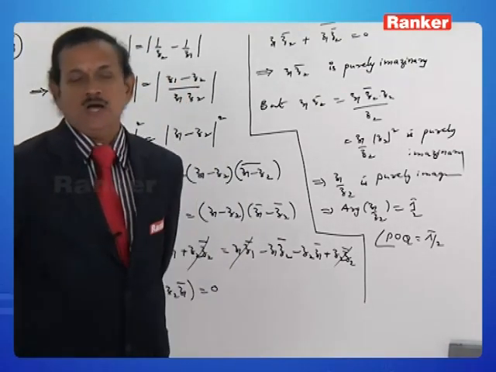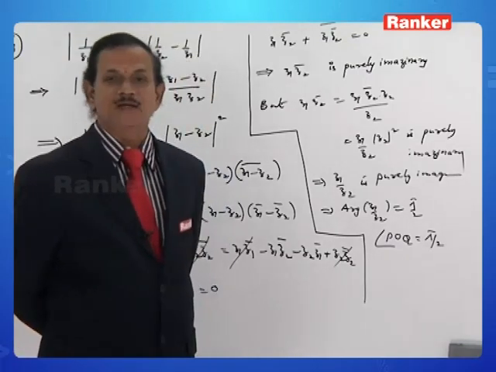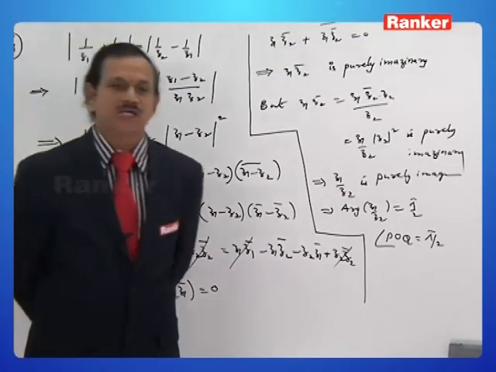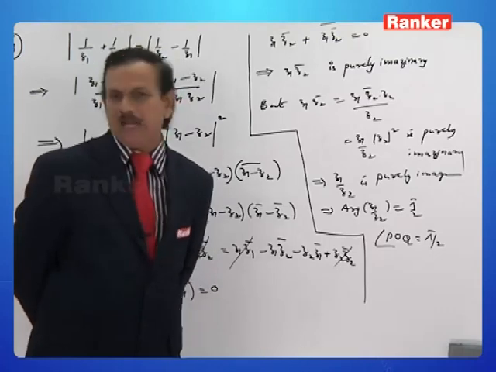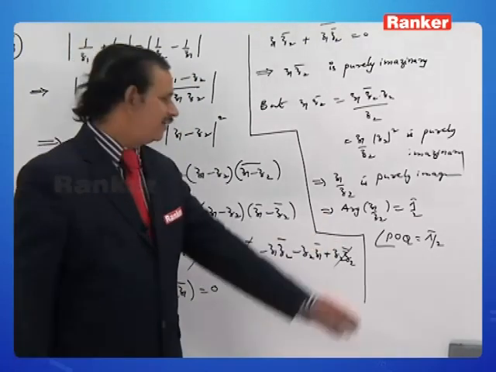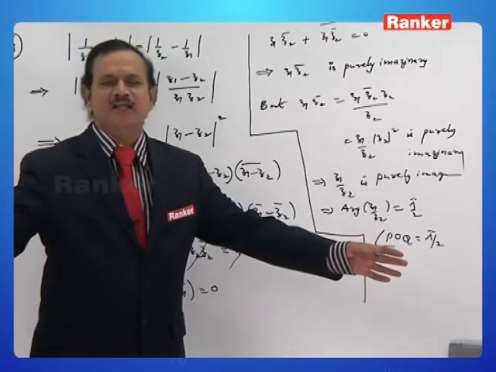It does mean that argument of Z1 by Z2 is pi by 2. And by looking at this step, angle POQ is 90. It is a right-angled triangle, of course, right-angled at the origin. Whatever it might be, it is a right-angled triangle.